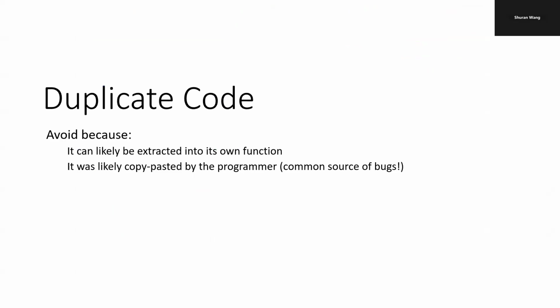Next, duplicate code. Avoid duplicate code always, because it's likely going to be extracted into its own function, and it was likely copy-pasted by the programmer. If you are copy and pasting some bits of code in your program, be careful and think whether it can be extracted into its own function.